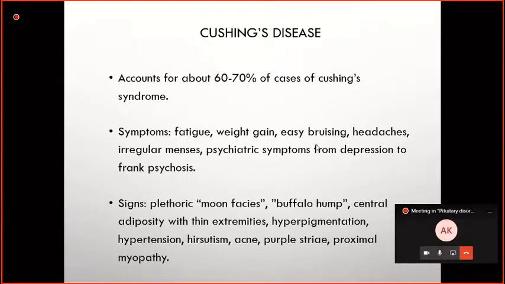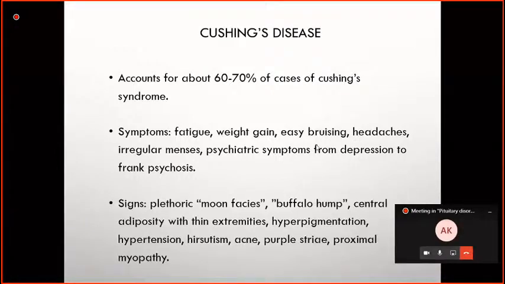They are slightly different: Cushing syndrome just means disease caused by increase in cortisol, whereas Cushing's disease is caused by increase in ACTH. That means the increase in cortisol is due to a pituitary tumor which secretes ACTH. So this is specifically called Cushing's disease.